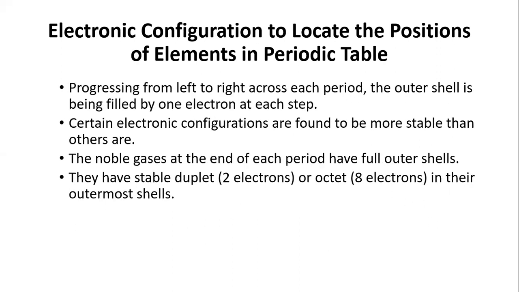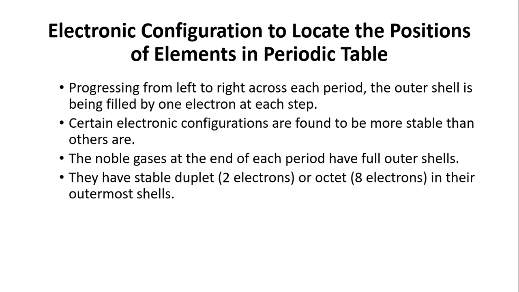Now, progressing from left to right across each period, the outer shell is filled by 1 electron at each step. Certain electronic configurations are found to be more stable than others. Take for example the noble gases at the end of each period.